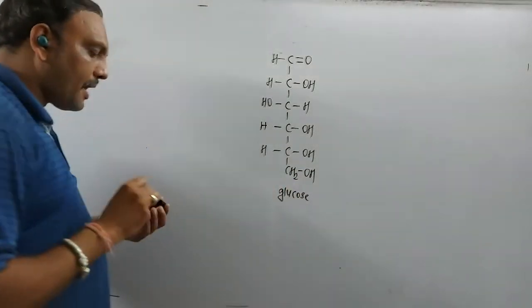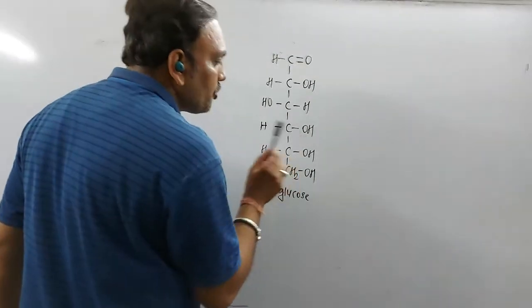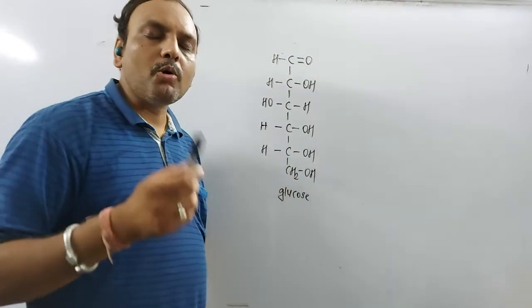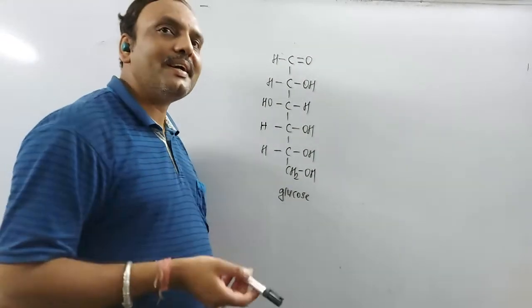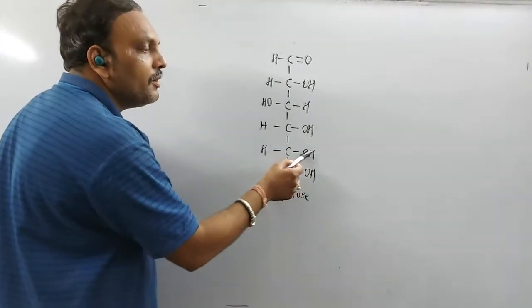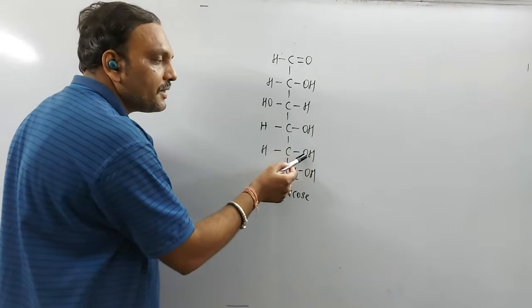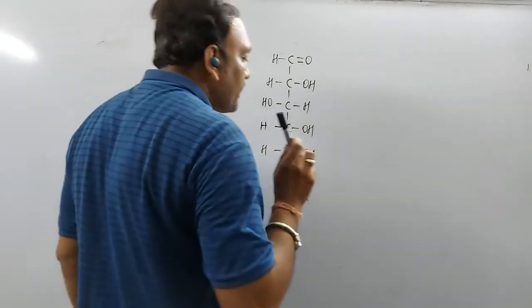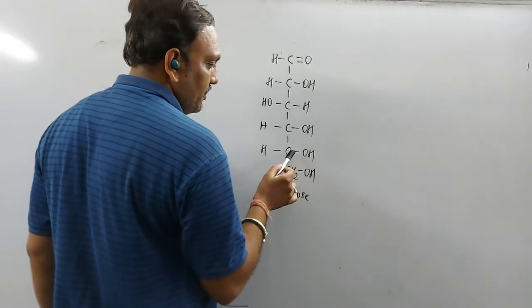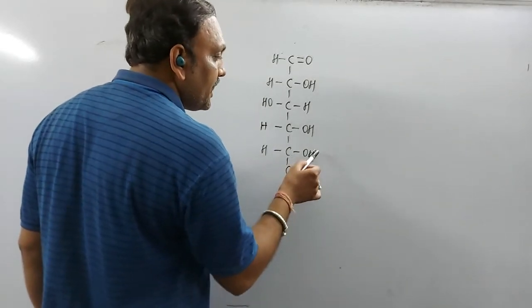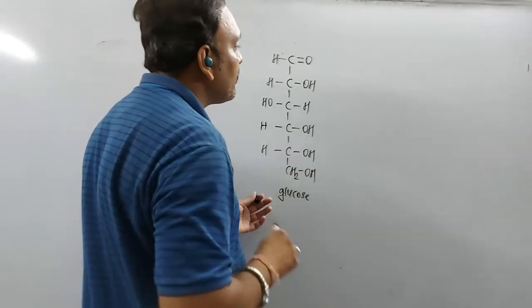Now exactly what happens? The OH group, which happens to be polar in nature, we all know very well, as oxygen is more electronegative than hydrogen, the shared pair of the OH bond gets attracted towards itself. Thus, what happens? The OH group on the fifth carbon, I mean this carbon, gets added to the carbonyl group.